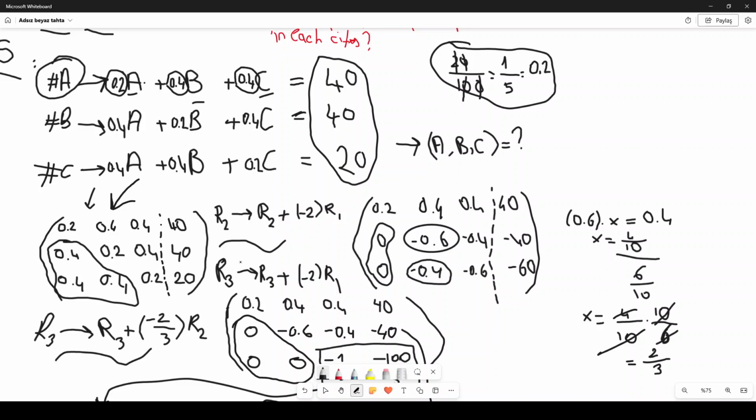I need to replace the second row and the third row just to eliminate the first nonzeros. To do so, I replace row 2 by row 2 plus -2 times row 1, and then I replace row 3 by row 3 plus -2 row 1. So I obtained the first zeros. I eliminated the first two nonzero values, and then I make my way down.